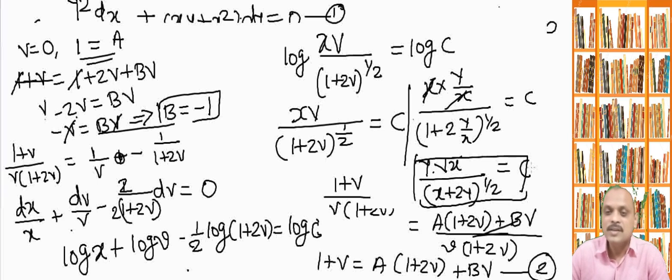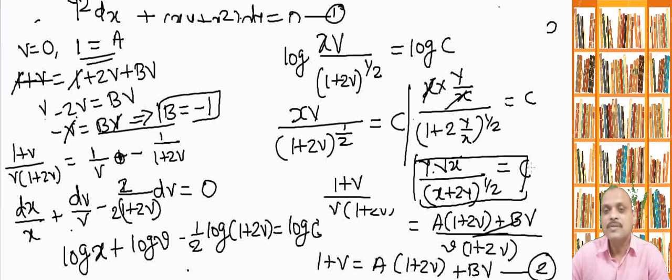So friend, you have seen how we can obtain the solution of a homogeneous equation. We have seen two simple examples of homogeneous equations. Now we proceed to non-homogeneous equations. In the homogeneous equation, the very important thing is that the degree of each term is the same.